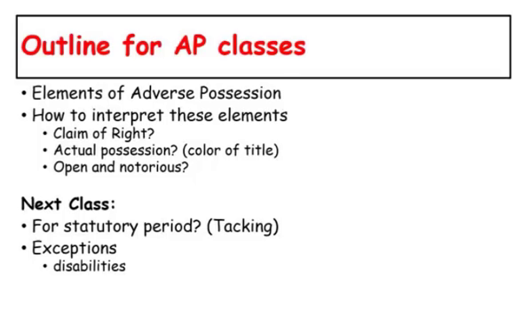Don't get too hung up on whether or not courts say actual and exclusive possession rather than having actual possession and exclusive possession be separate elements. And then next class, we will return to adverse possession and we'll talk about what it means for adverse possession to be for the statutory period, and we'll look at the concept of tacking, and then we'll talk about the exceptions in the statute to the adverse possession rule and how those work.